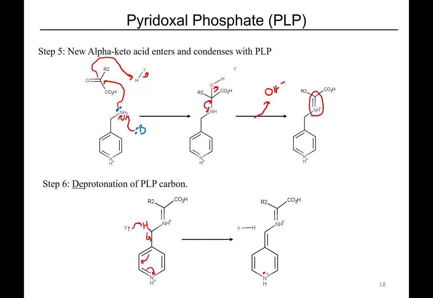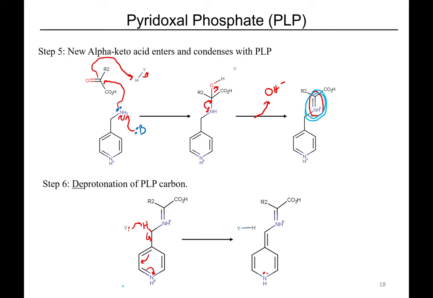That's the first half. The second half reverses everything. We shift protons around. That creates a new bond between the nitrogen on our cofactor and a new alpha keto acid, ultimately leading to the formation of the Schiff base between the amino acid, the deprotonated amino acid, and our cofactor.